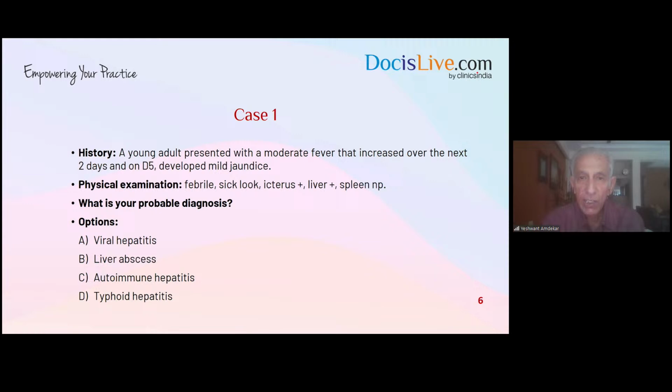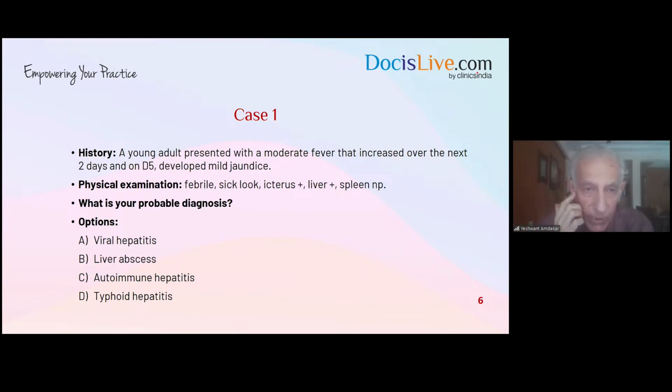Malaria is an extrahepatic infection. Leptospira is an extrahepatic infection. And those who have an extrahepatic infection are complicated to develop a hepatic involvement. And that complication takes few days or maybe even at the end of 1 week, but not to begin with. And that's why this is not a viral hepatitis.